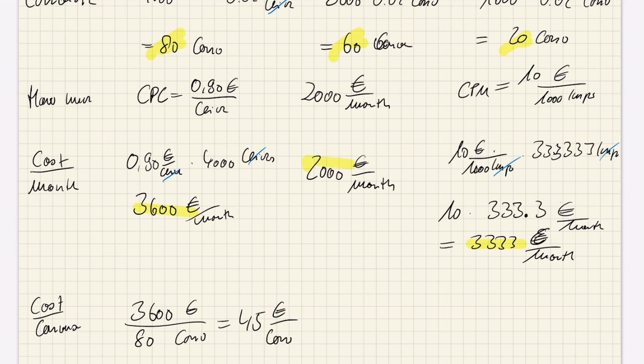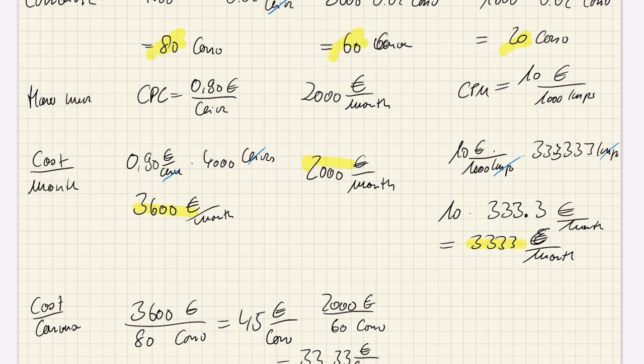We do basically the same in here, 2,000 euro divided by 60 conversions, and we end up with, oops, calculation error. We end up with 33.33 euro per conversion.